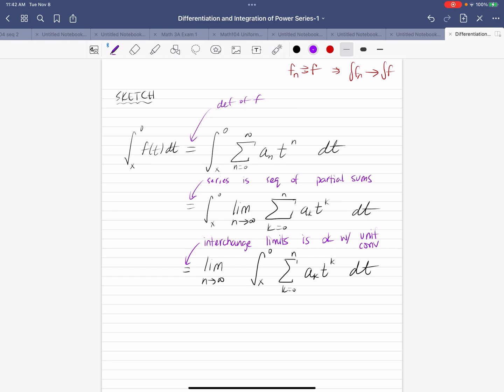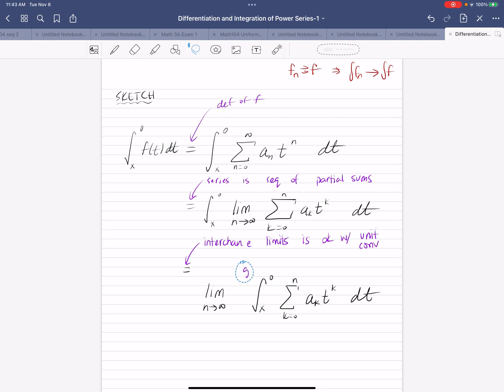And how do we know that we have uniform convergence? We have uniform convergence because we proved that a power series will converge uniformly on compact subsets of its domain. And the interval from x to 0 is certainly a compact subset of its domain.